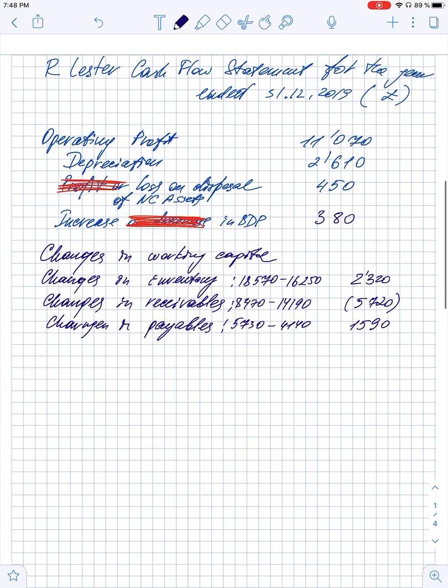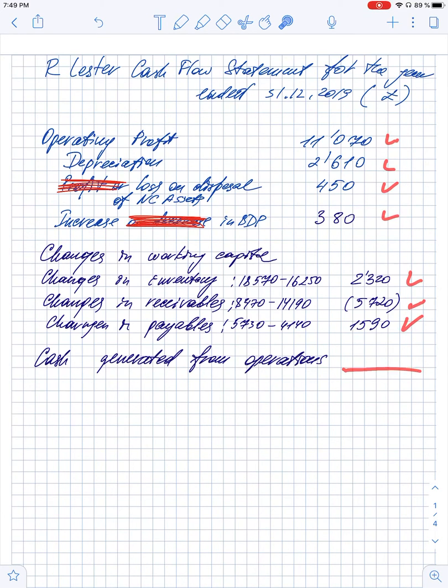Once we have considered changes in working capital in light blue and changes in working capital in dark blue, we can calculate cash generated from operations. We have to sum up all these items.